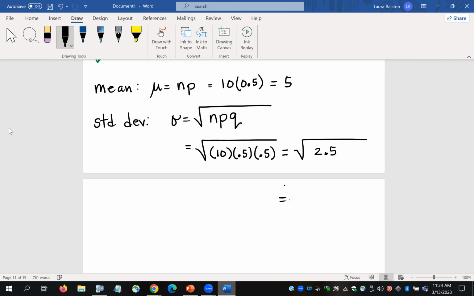Take the square root last. I get 1.58113883. Rounding to two places, you get 1.58.